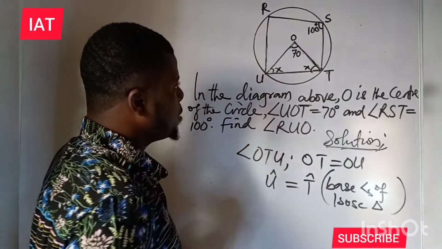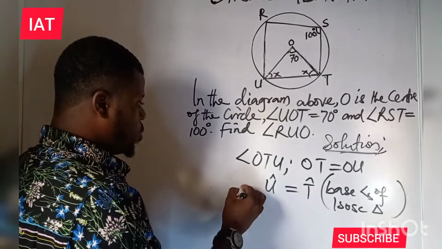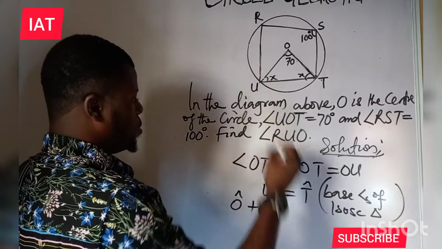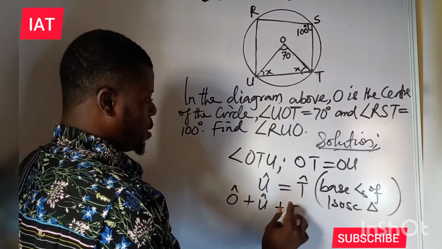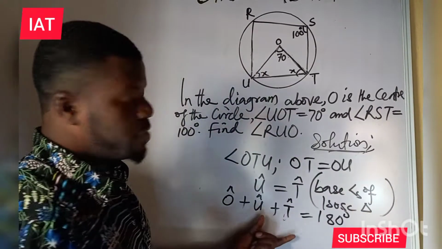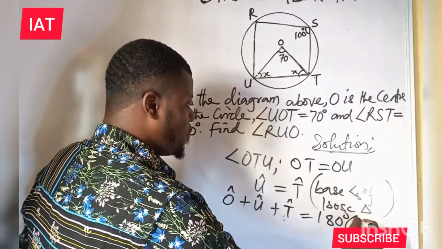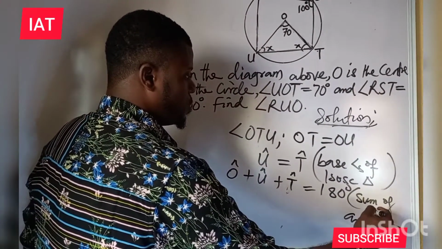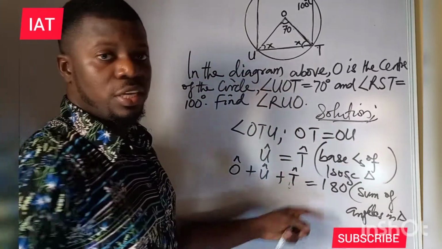It means that angle O plus angle U plus angle T is equal to 180 degrees. And the reason for this is the sum of angles in a triangle is 180 degrees.